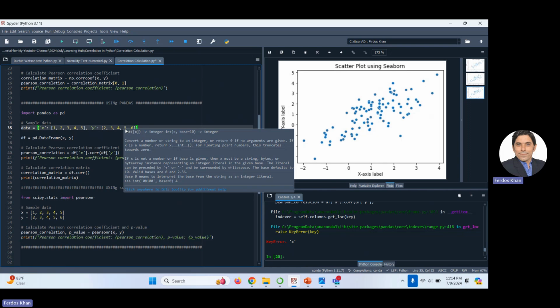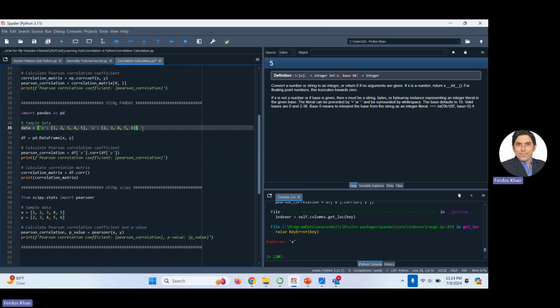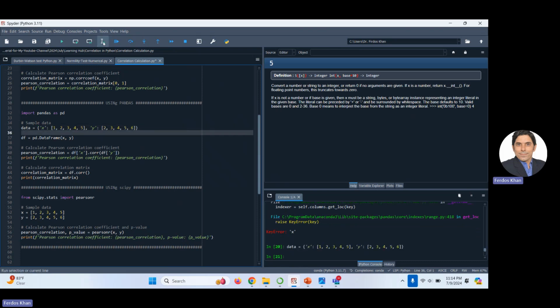I think this is a good idea, because we have done one with that data, and now we can do this with this data. And of course, when you are doing this in real life, you will have your own data, and you will not be using these synthetic data sets. So let's do this with this data and not with the one which we already generated.